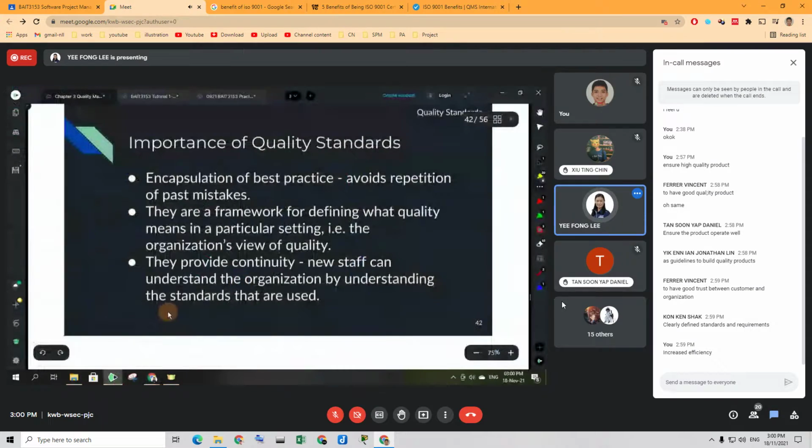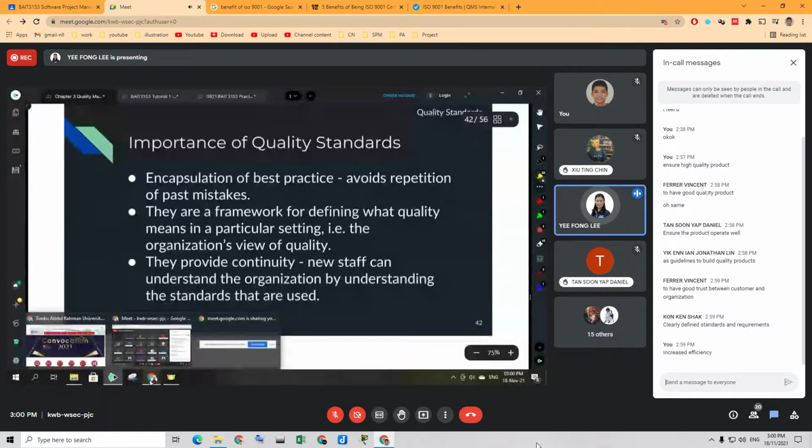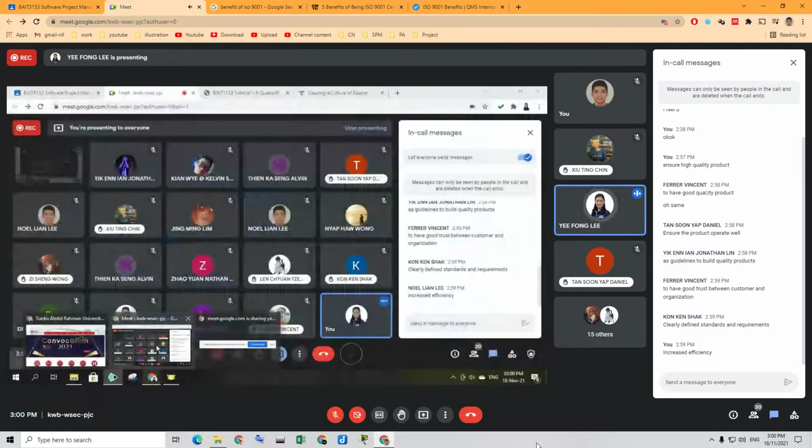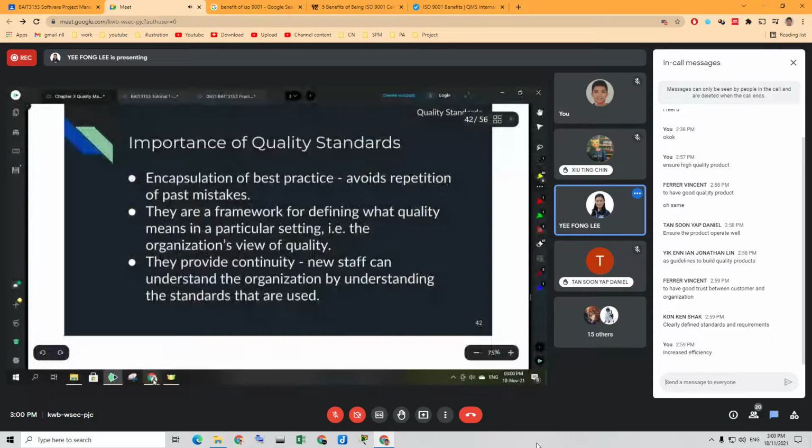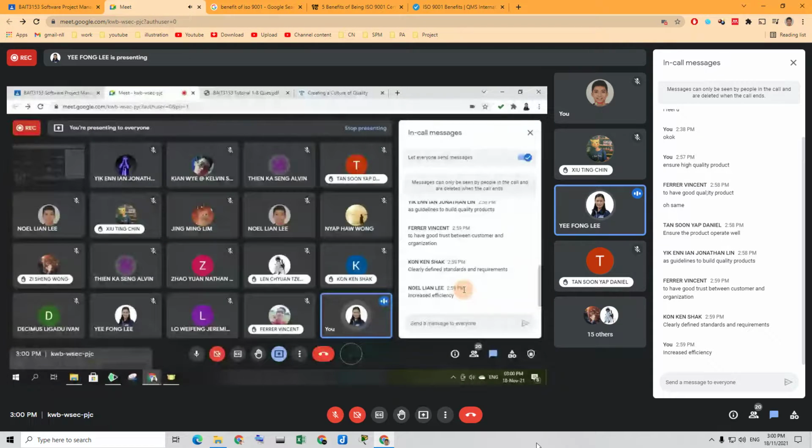So when we do our work in line with this quality standard, can we always produce, let me rephrase my sentence. When we follow the guideline 100%, does that mean that we are also able to produce 100% good quality product? I think something is wrong with my question. Not that clear.